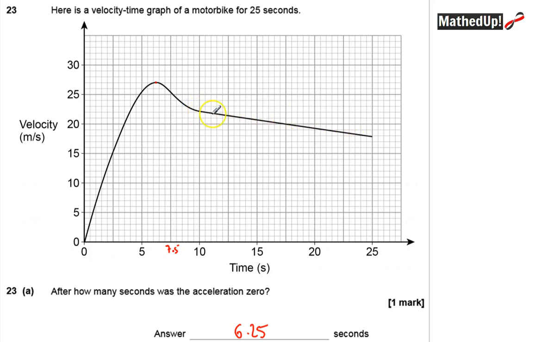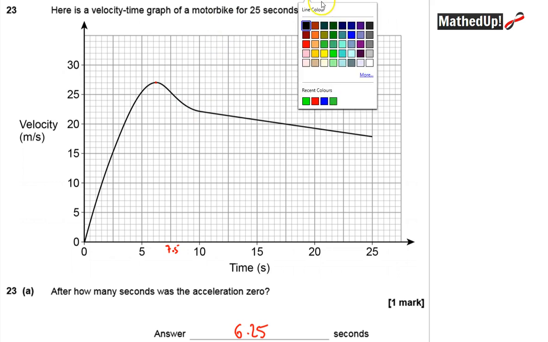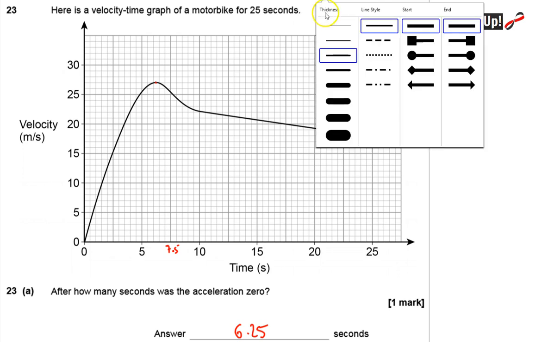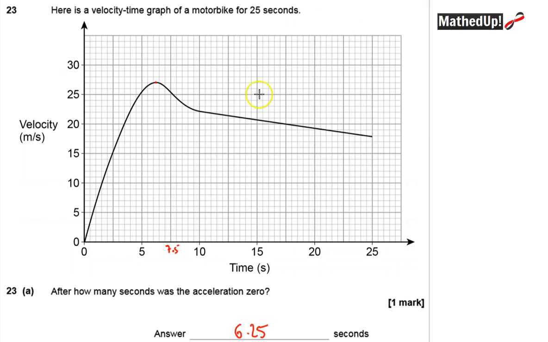Now it is a curve, but it looks a little bit like a straight line over here. And in fact, if I was going to work out the area under that straight line, I could think of this as a trapezium, which is exactly what I'm going to do. So I'm going to draw in a trapezium over here.